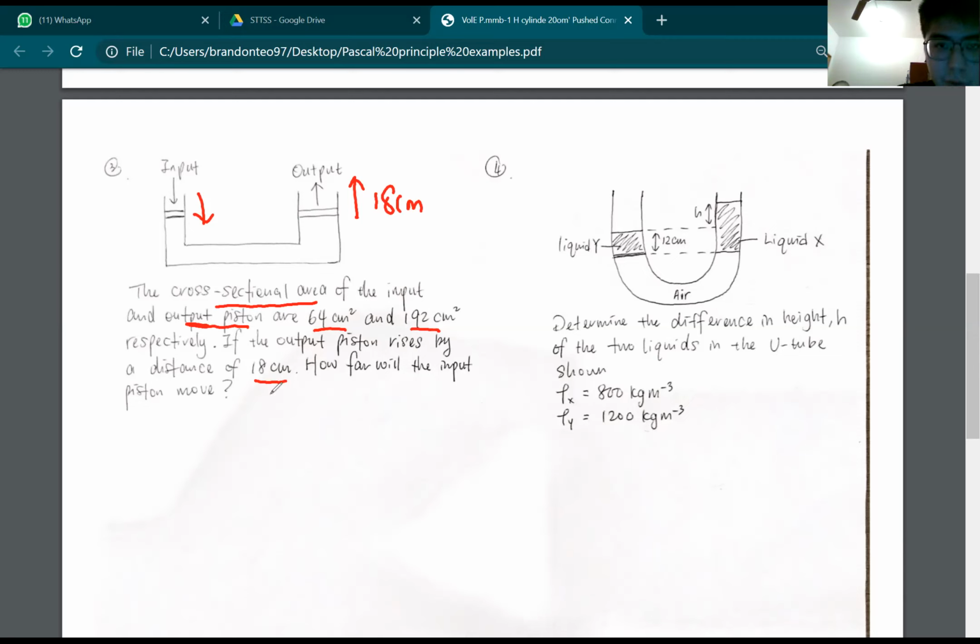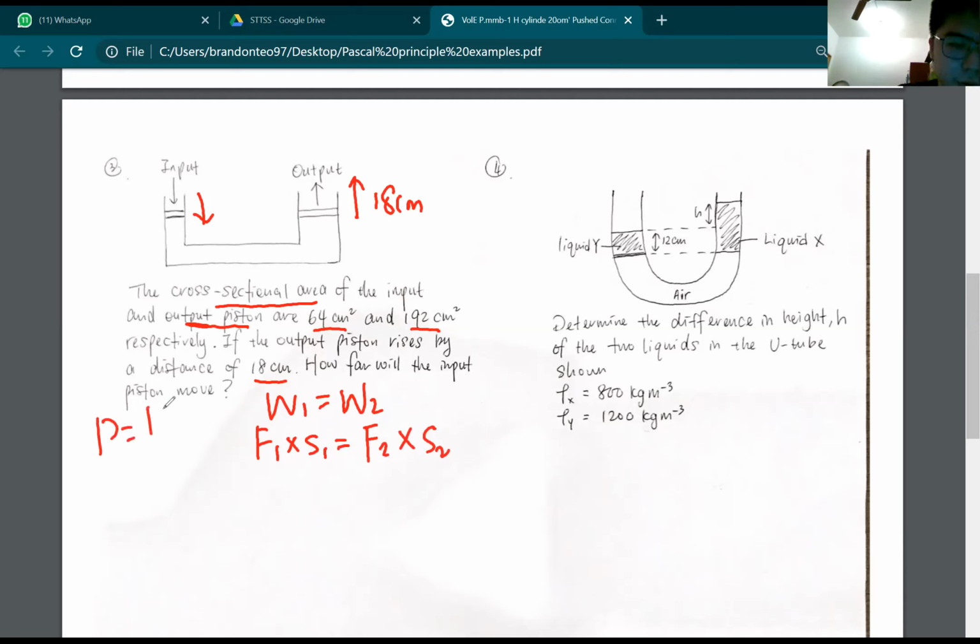Okay, so from the formula, W1 等于 W2. Work done, same. Now I expand the equation. Work done equals to F1 times distance 1 等于 F2 times distance 2. Okay, F equals to what?